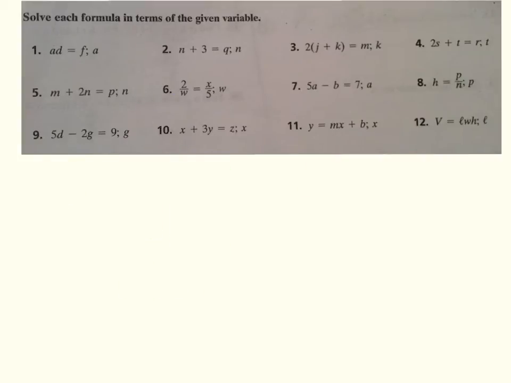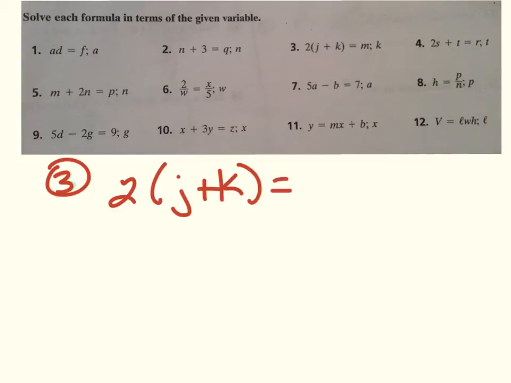Let's look at number 3. There's number 3: 2 times J plus K equals M. Remember, we want to solve for K. This is an interesting problem because K is right here in the parentheses.